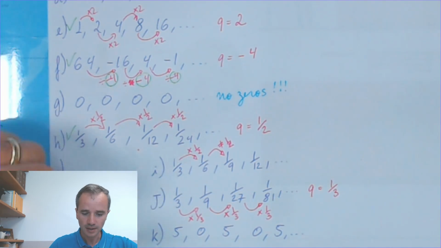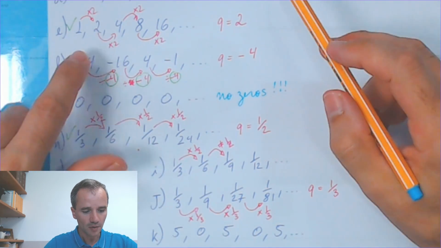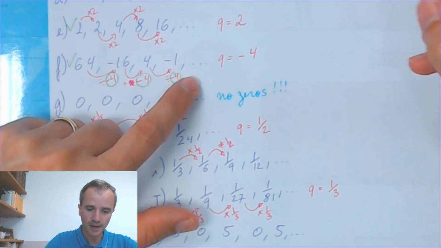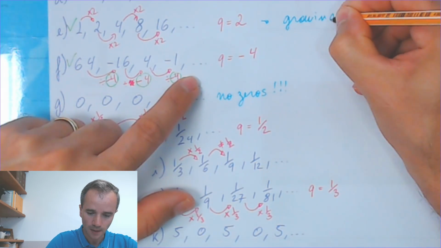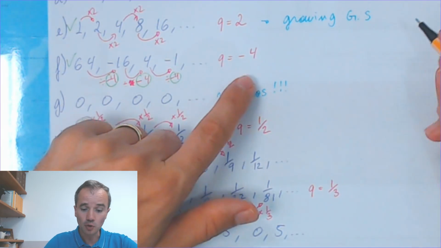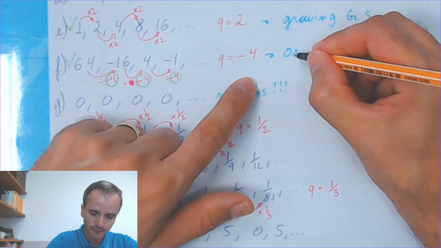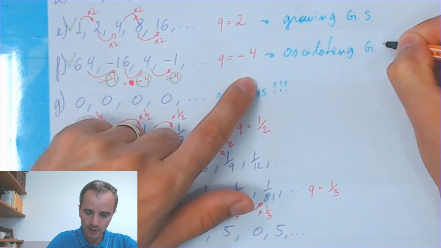And in this case, I just forgot to name those. So in here is going to be a growing geometric sequence. This one is going to be an oscillating geometric sequence.